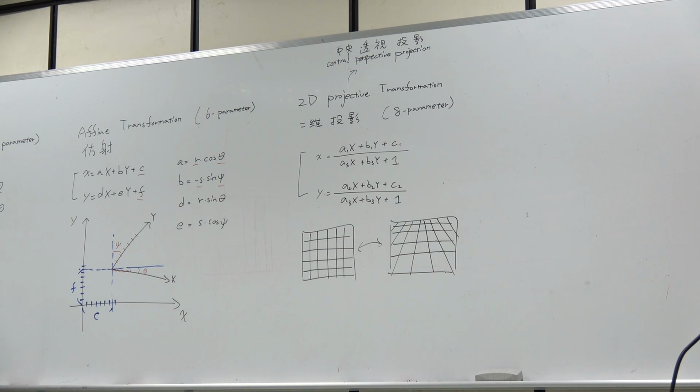When you encounter any chance to select a specific coordinate transformation function for your own work, how are you going to select? Among these three, which one do you want to choose? You need to consider what it can do for you.